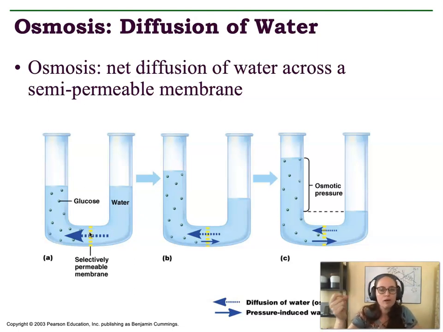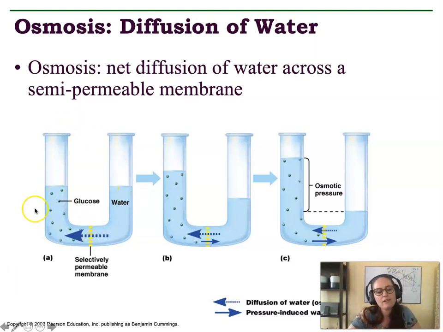This behavior of water is called osmosis. Osmosis refers only to the behavior of water. And generally, again, we are talking about a semi-permeable membrane such as the plasma membrane. As I mentioned earlier, while water is polar, it is also very small. So over time, water will cross that plasma membrane.